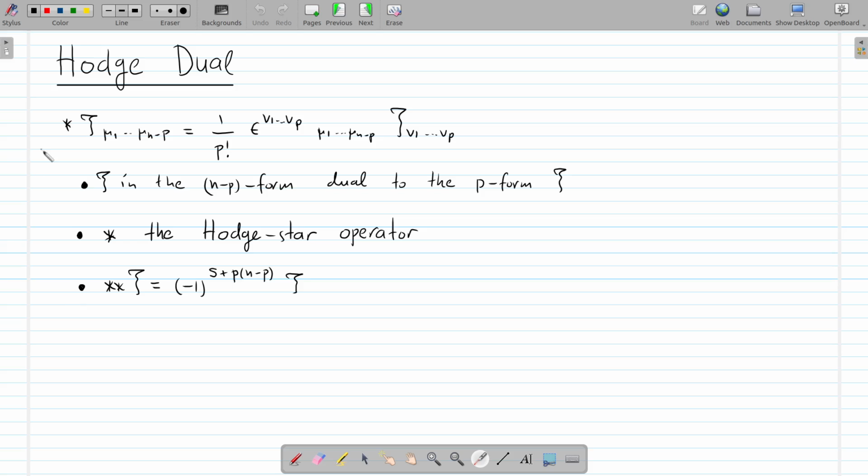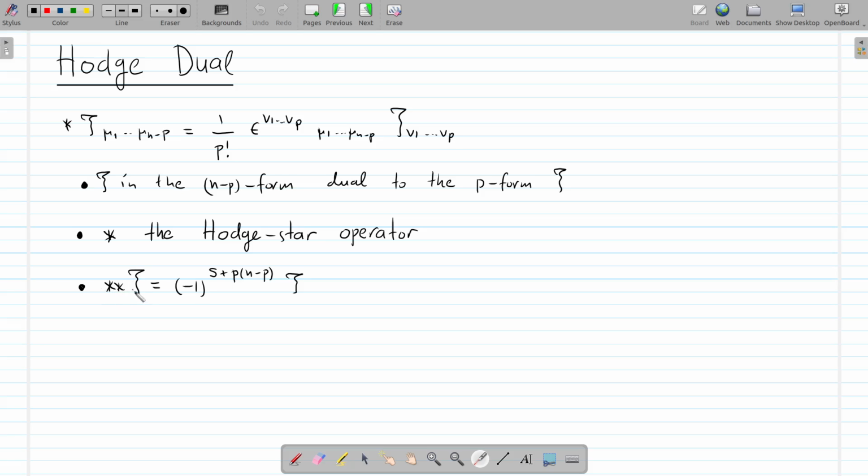So the Hodge dual of a p form is an n minus p form defined by this equation, where this is the Levi-Civita tensor with p of its indices raised by the metric. With this definition, we have to be careful.